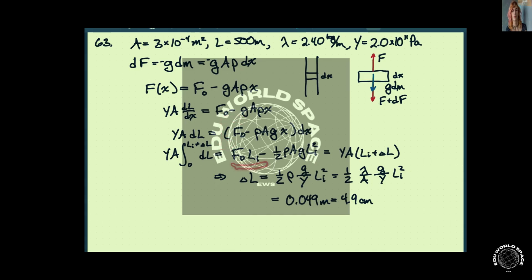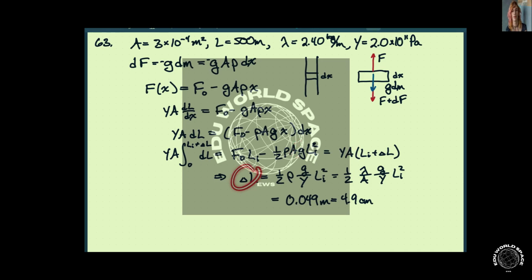So we have the force times the length, minus the integral of this, and we just get x squared over 2. And over here we get Y times Li times delta L. And what happens is these two cancel, and we can see that the A's drop out.